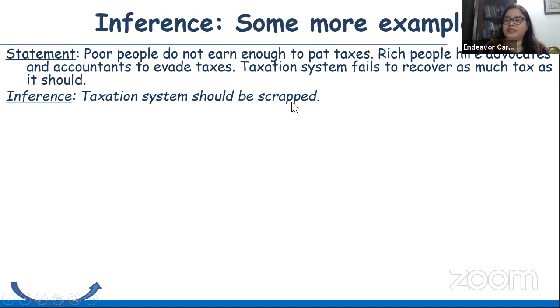That's an extreme stance, because all that we are saying here is that taxation system fails to recover as much tax as it should. As much tax as it should cannot mean that the system itself is bad or is faulty, that I do away with the system. It is supposed to recover some more tax, which it's not doing, right?